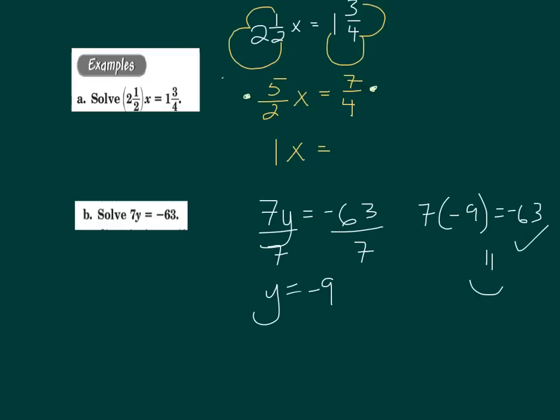That's right, that would be the reciprocal of 5 halves, which is 2/5, which is a convenient multiplication if you look over here on the right, because I can simplify with the 4 and the 2, dividing them both by 2, multiply across the top and across the bottom, and there we go, we have our answer. And we're done with that problem. So we end up with x equals 7/10.